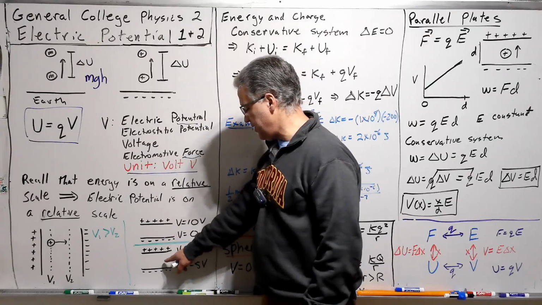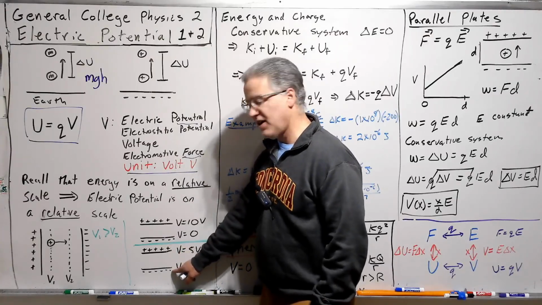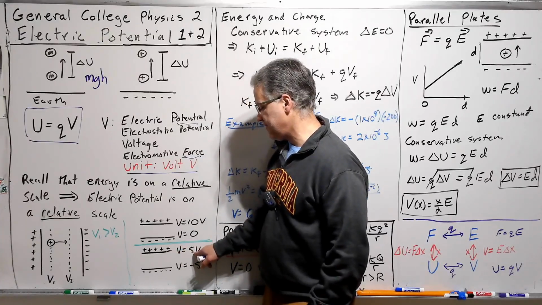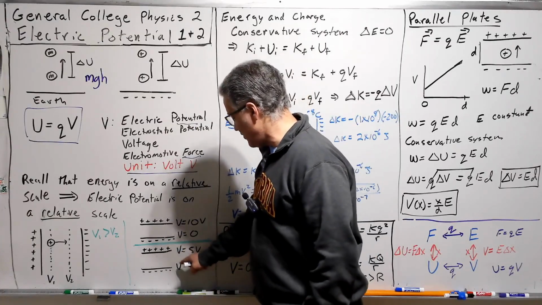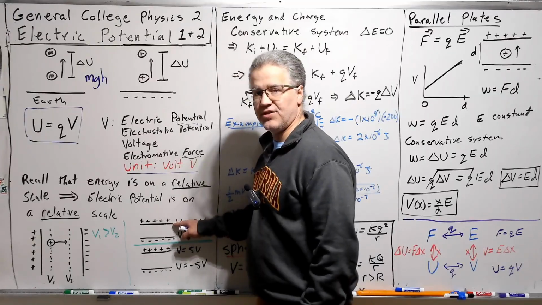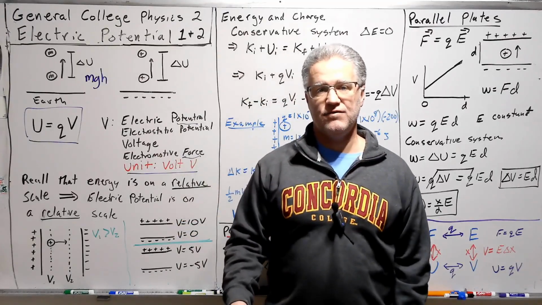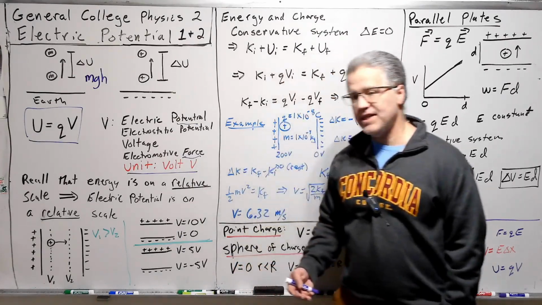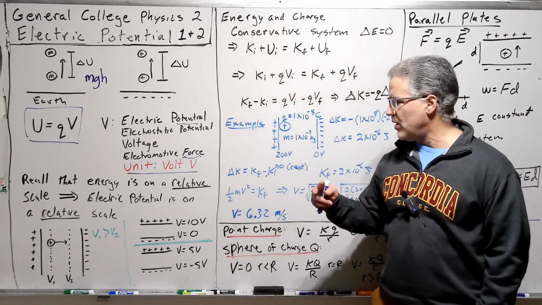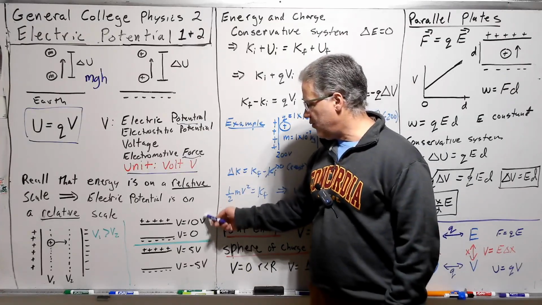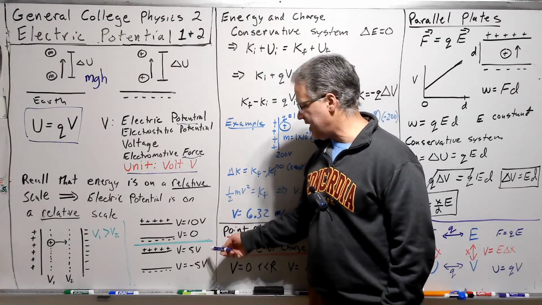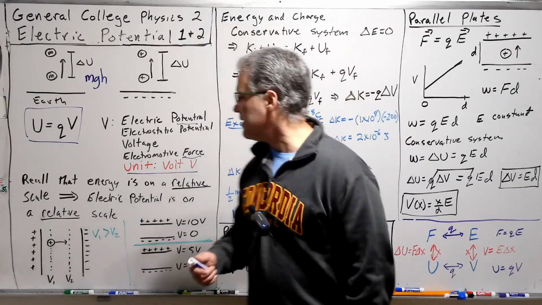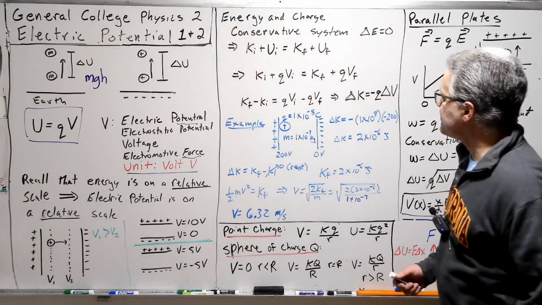Or we could split the difference, define this to be minus 5 volts, then this would be 5 volts. And we could go even further, and we could say that the top is defined as 0, then the bottom would be minus 10 volts. So we're always defining relative to the relative voltages. So we can put this on any scale we like, but the physically important thing is the difference there. So that's an important thing to keep in mind.